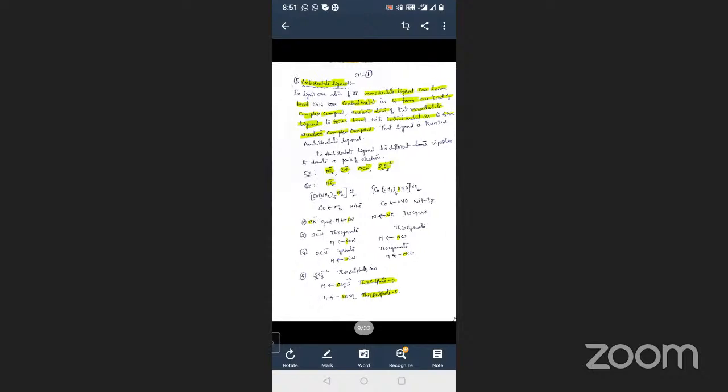Then the important one is ambidentate ligand. ఈ అన్ని ligands లకన్నా important. Now you can observe here, this is also a monodentate ligand. In this monodentate ligand, one end of this ligand can donate the electron pair towards the central metal ion to form one type of complex.